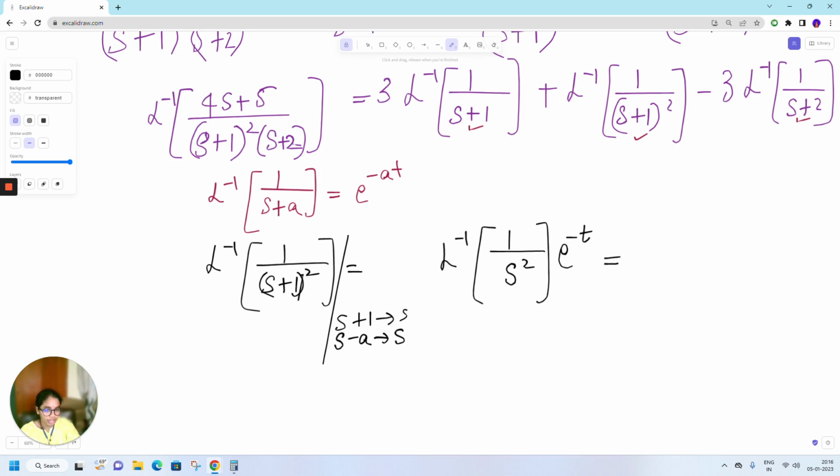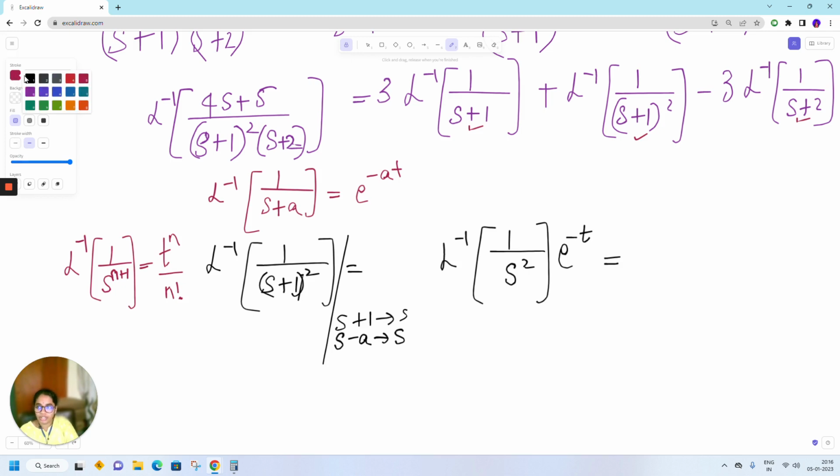What is the formula? The formula that we use is Laplace inverse of 1 divided by s to the power n plus 1 is equal to t power n divided by n factorial.